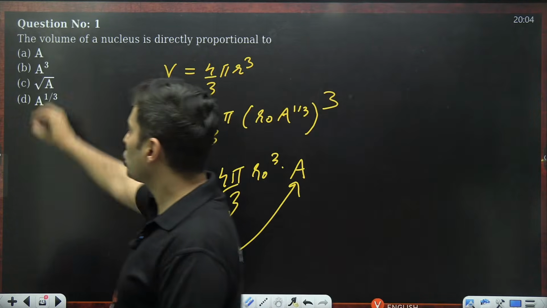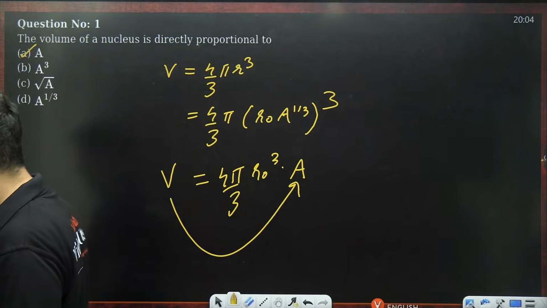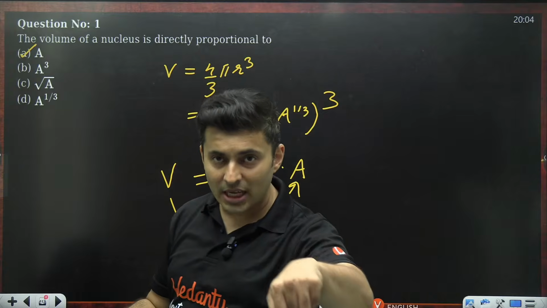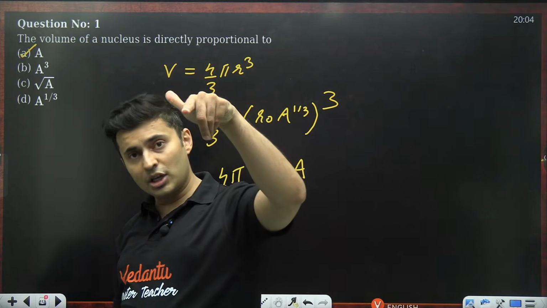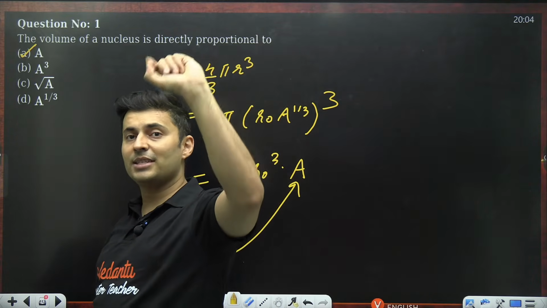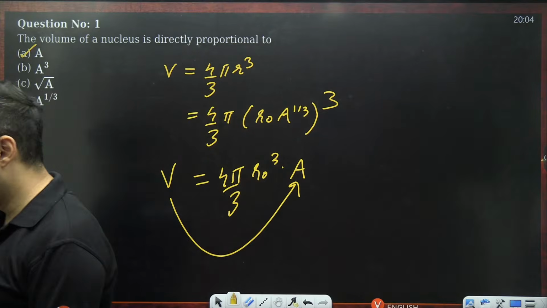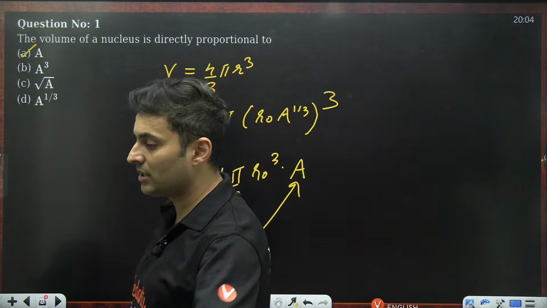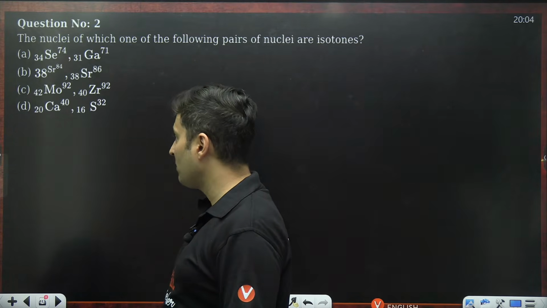So A will be there. So option A for A, not D, man. Radius is proportional to A raised to 1 by 3. R cube will make that A's power as 1. Common mistake. That's what I'm telling. CBSE paper, you cannot make such random mistakes, man.